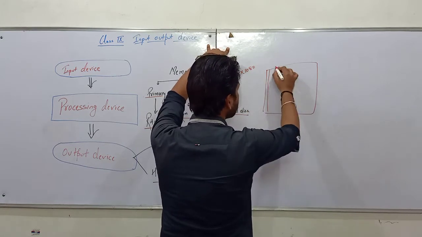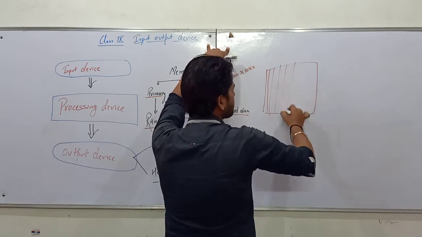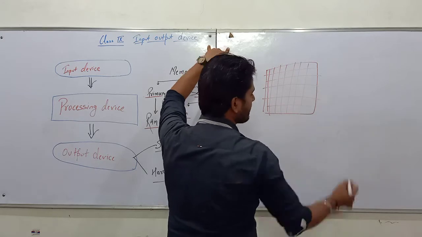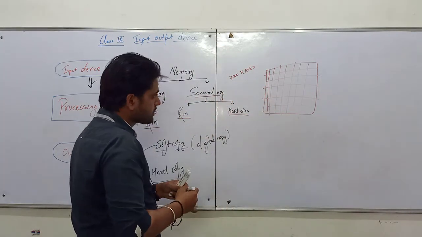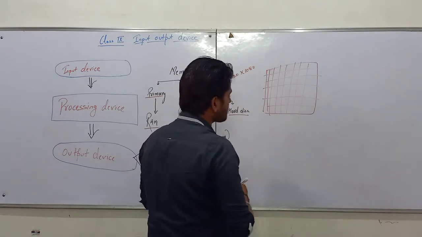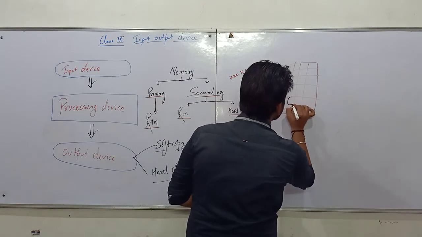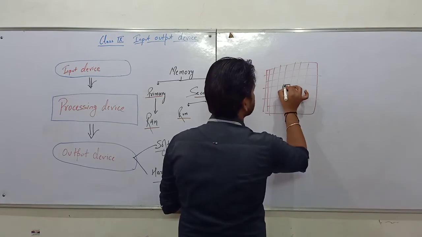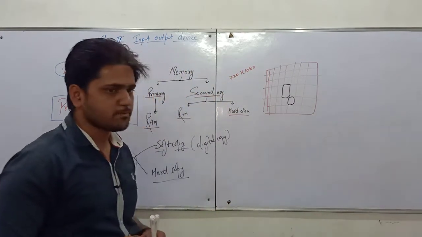These are vertical and horizontal lines present on your screen, means 720 and 1080 lines which intersect each other, and the smallest box is known as a pixel.